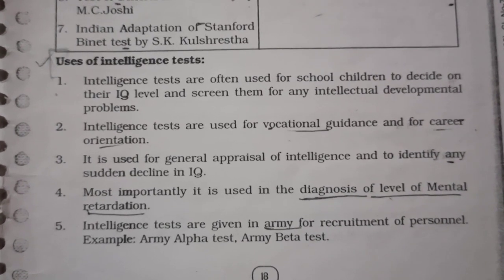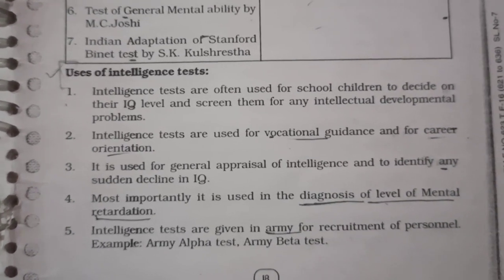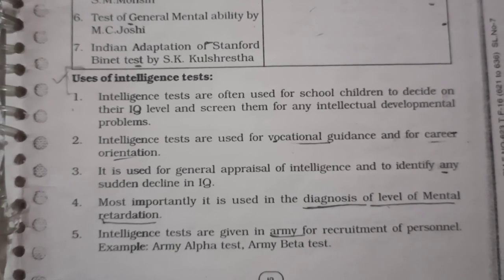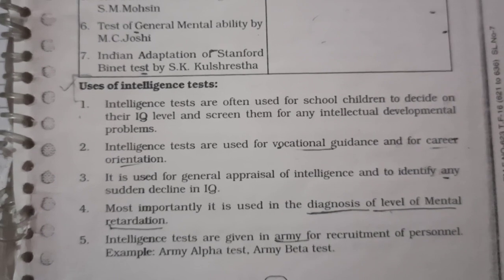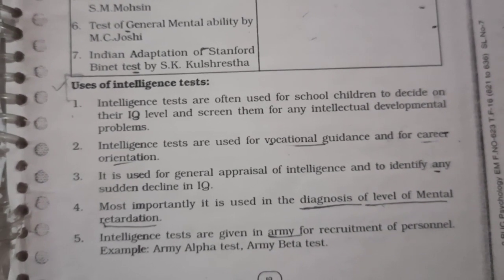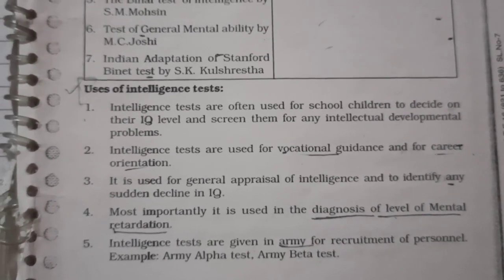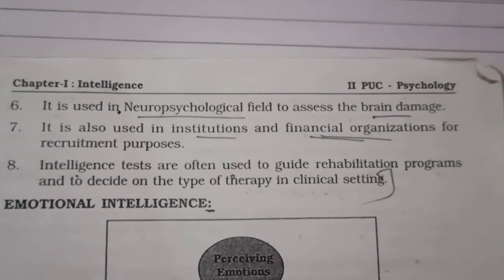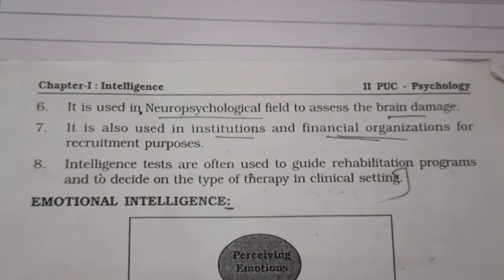Intelligence tests are used in the military, in the army, to select persons. There they use the army alpha and army beta tests to check their intelligence for the field of army. The sixth one is that it is used in the neuropsychological field to assess brain damage.